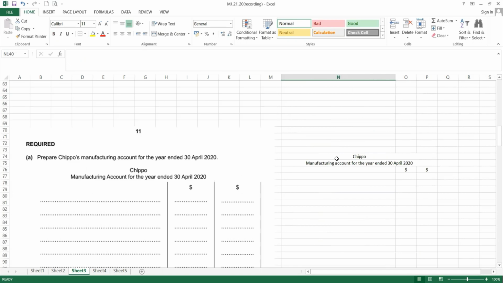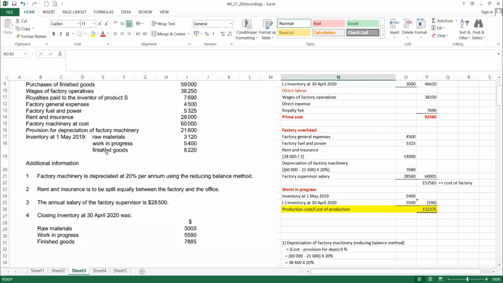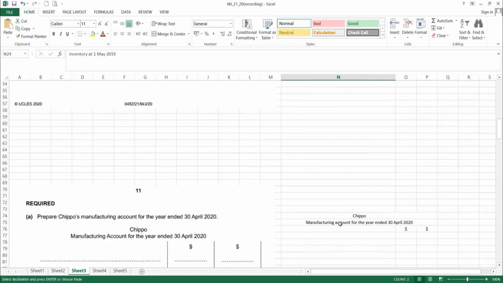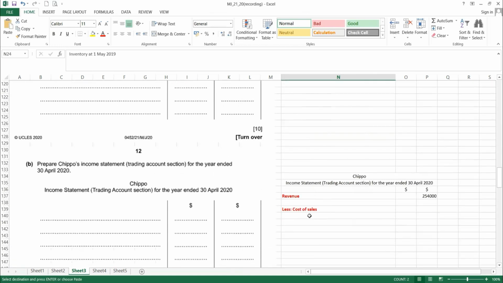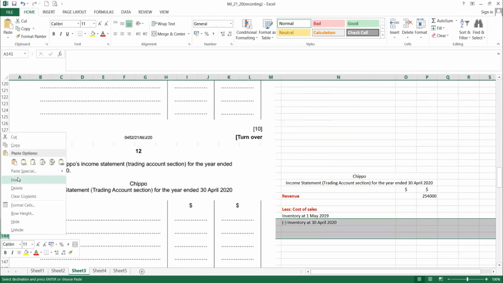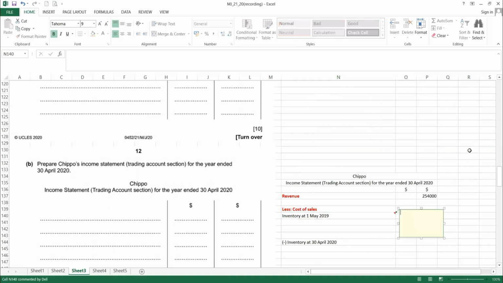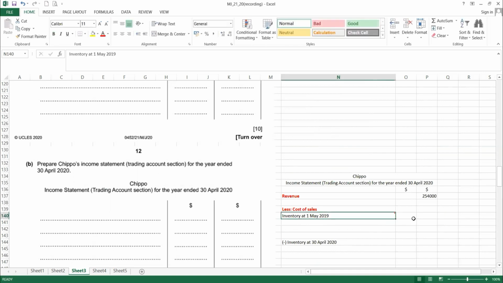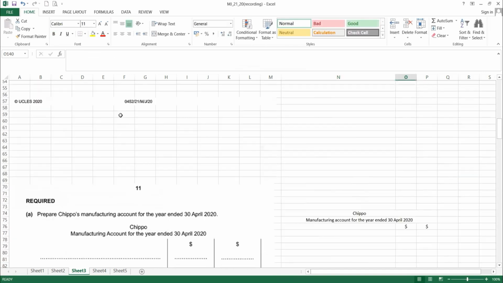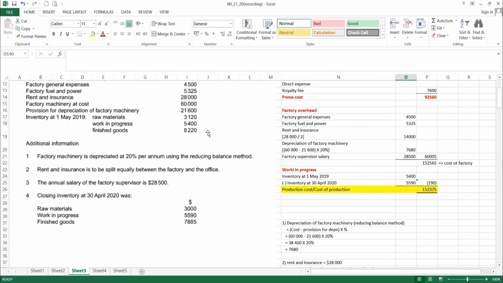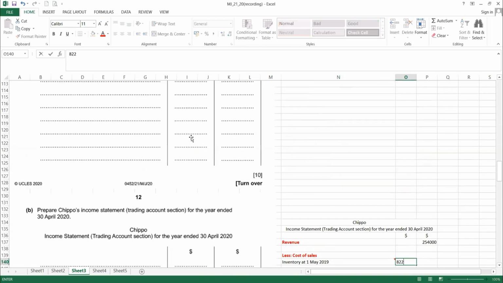Cost of sales, be careful, manufacturing account. Start with the opening inventory. Let me take this amount. This inventory refers to the finished goods. It's not raw material, it's not work in progress, it's a finished good. So what is our finished good opening inventory? This one, 8220.